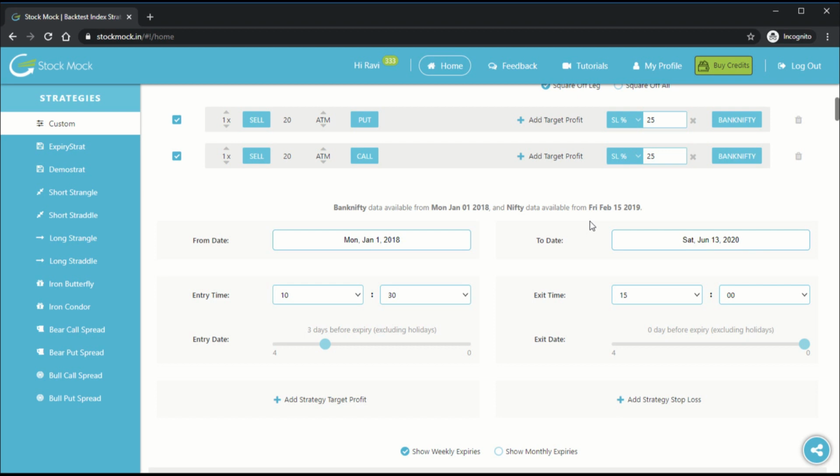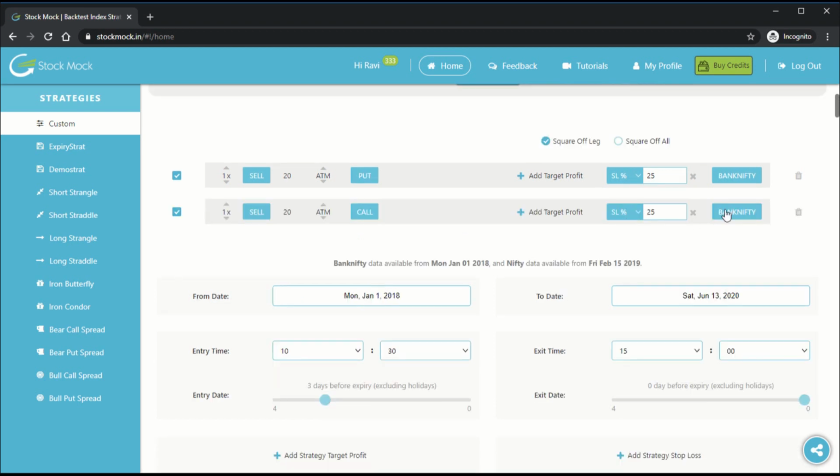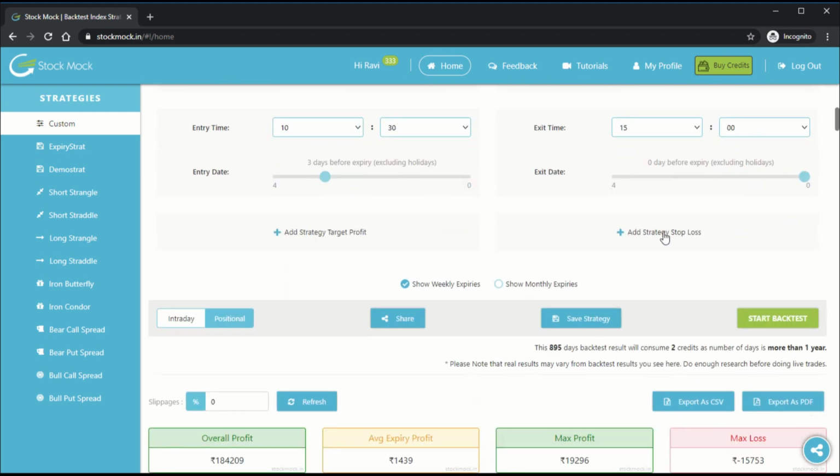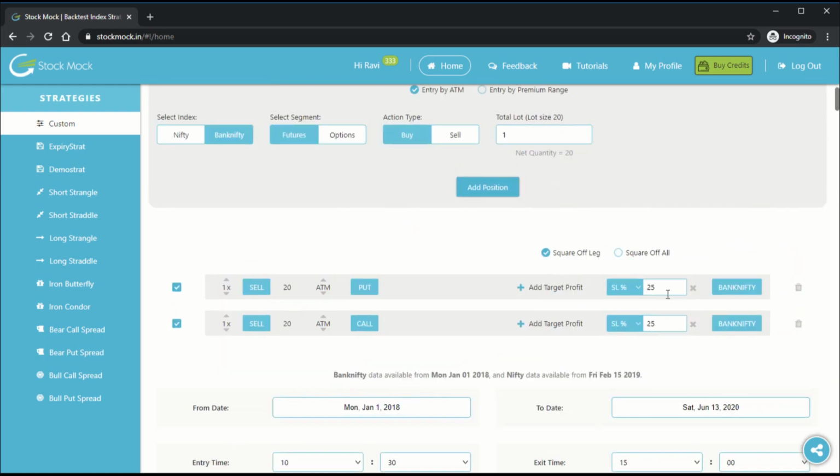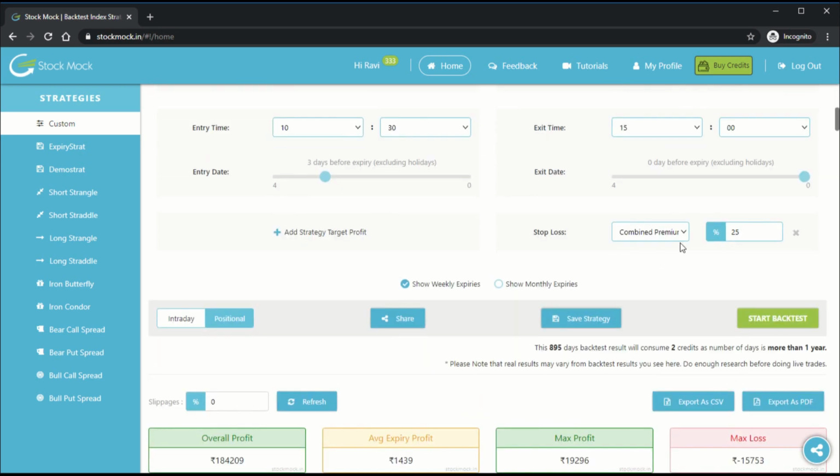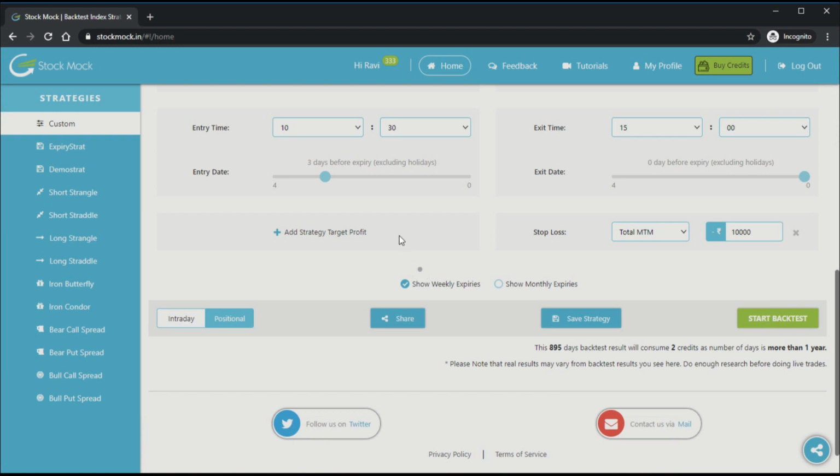Apart from setting stop loss levels for each individual leg, you can also set a strategy stop loss. For instance, I have set 25% stop loss for each individual leg, and I can also set my total risk that I would like to take per strategy, 10,000 rupees, and run the same.